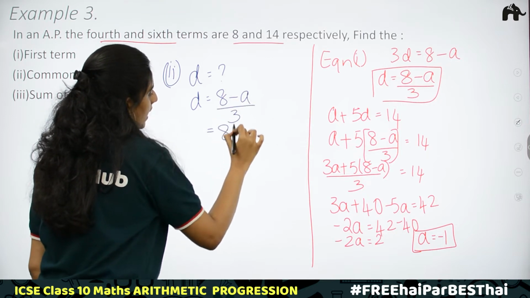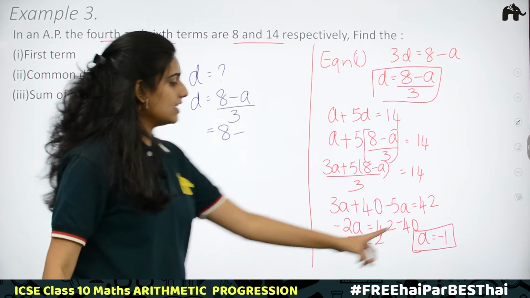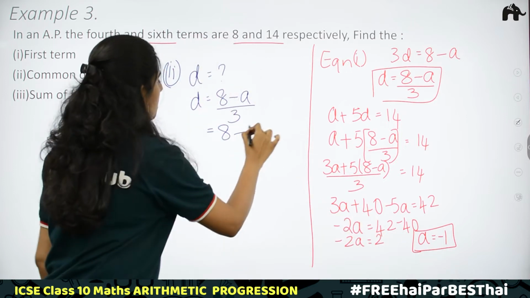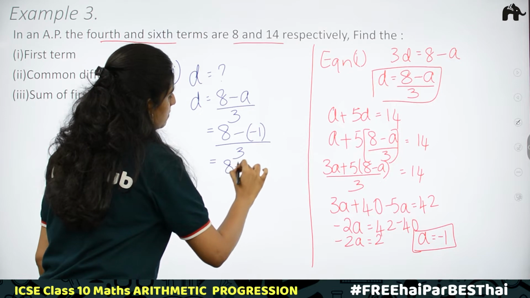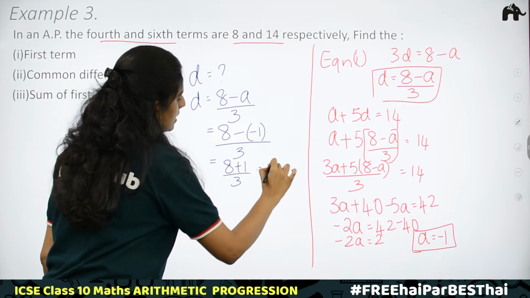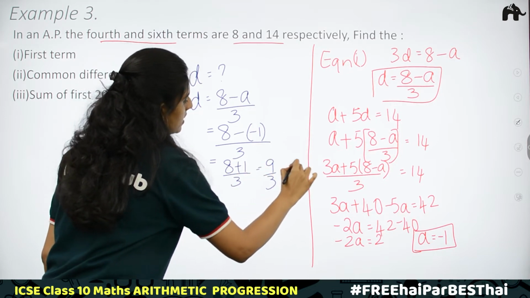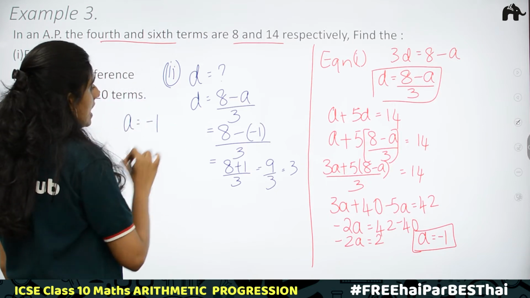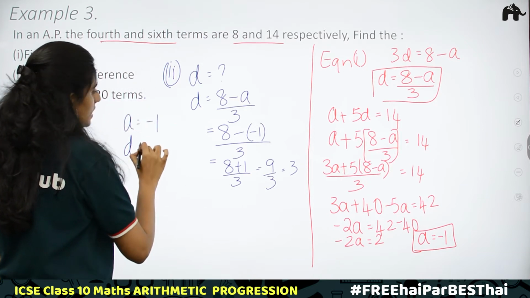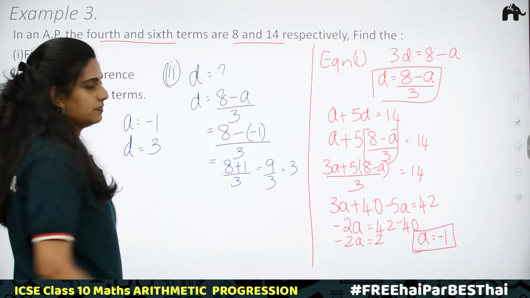Substituting the value of A, 8 minus A is 8 plus 1, so minus A is 9 divided by 3, which is 3. We got A is equal to minus 1 and the common difference D is equal to 3.